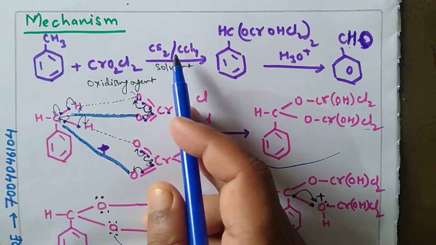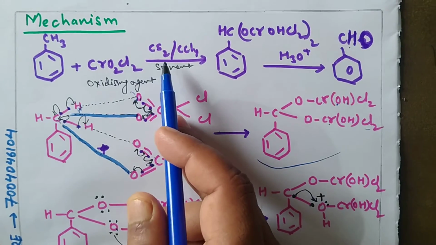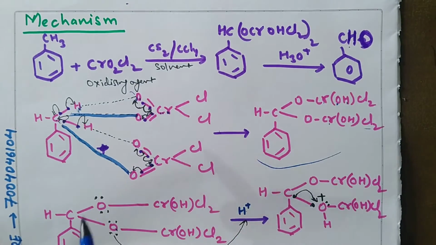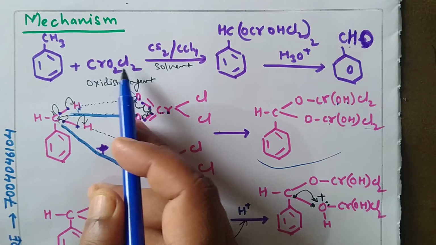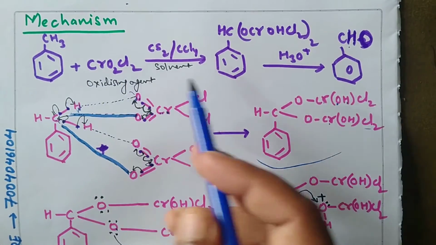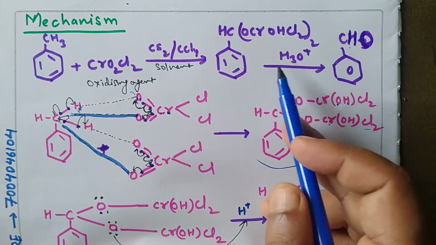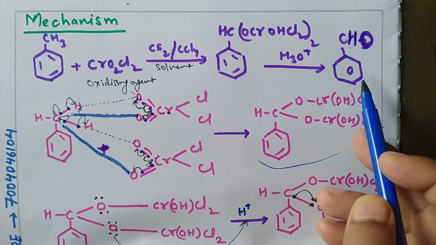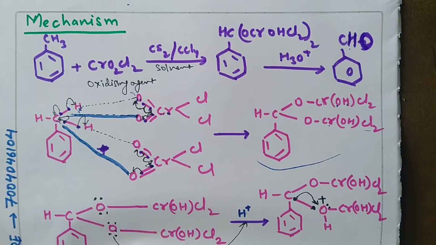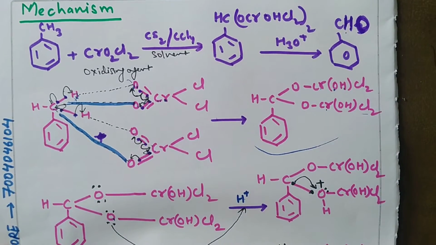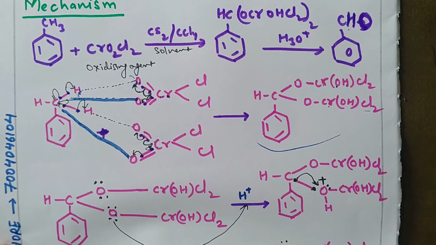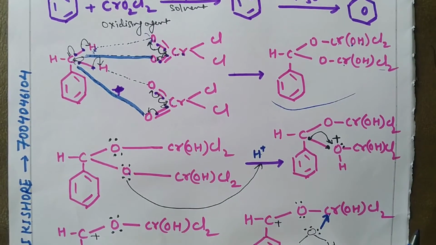Solubility is required, then toluene will react. When these react with each other, a complex compound forms, and on further hydrolysis it forms the aldehyde. Now let us go into the mechanism in detail.